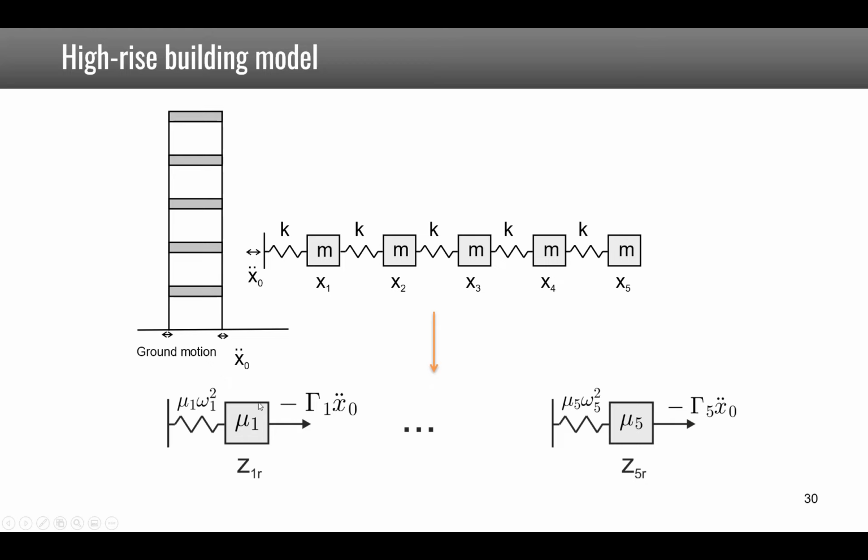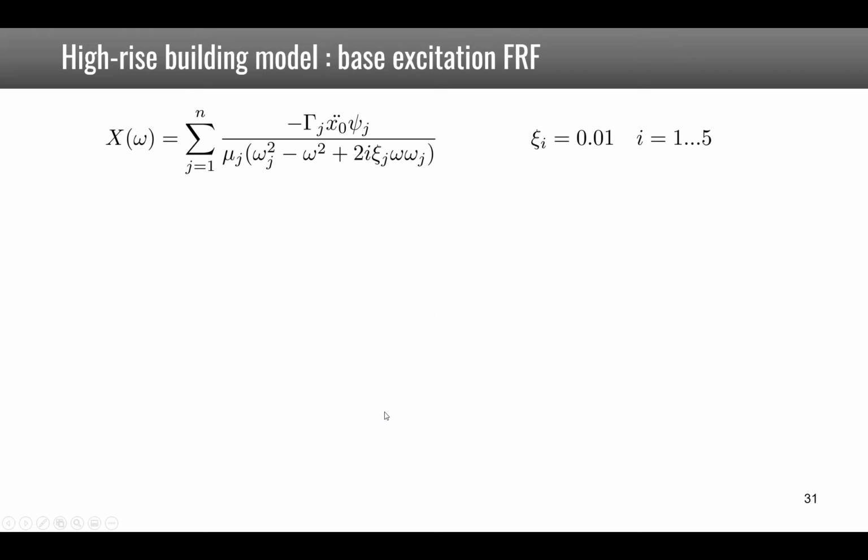So we do everything as if we had a force applied to the system, but this force is equal to minus gamma i x double dot 0. Which means that the transfer function can be computed with the same formula by replacing Fj by this expression here.